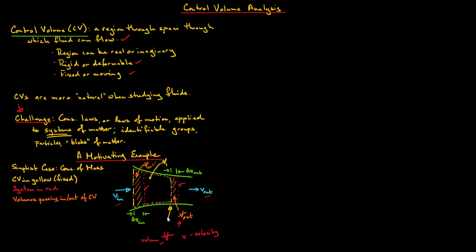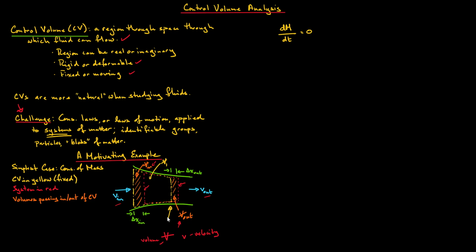All right, so a reasonable conservation law for conservation of mass would be something like the time rate of change of the mass in our system, which is defined by the red outline, is 0. dm by dt is 0. This makes sense, we can neither create nor destroy mass.